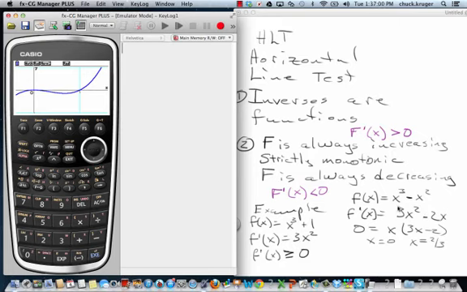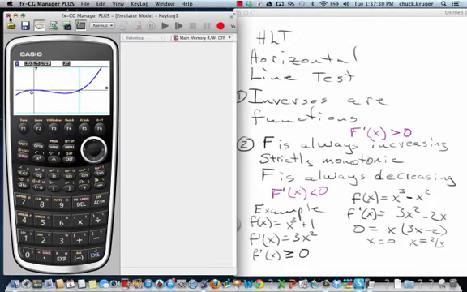So its inverse is not a function. f is not monotonic. It's not always increasing or always decreasing. All right? And so strictly monotonic means it passes the horizontal line test, which means the inverse is a function.